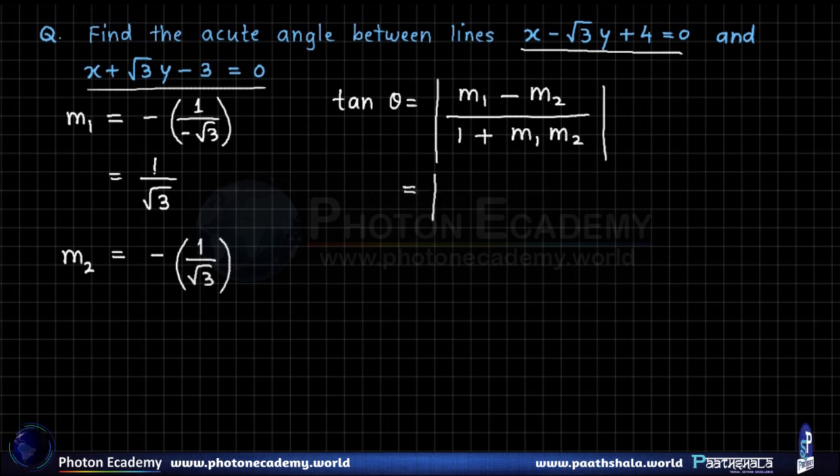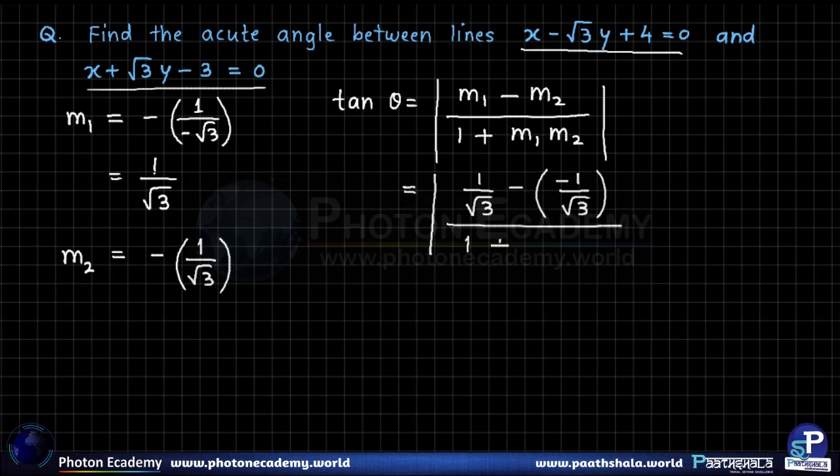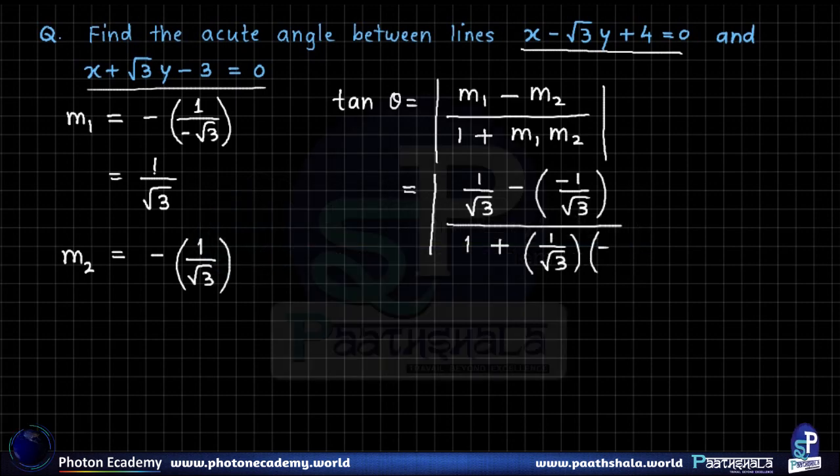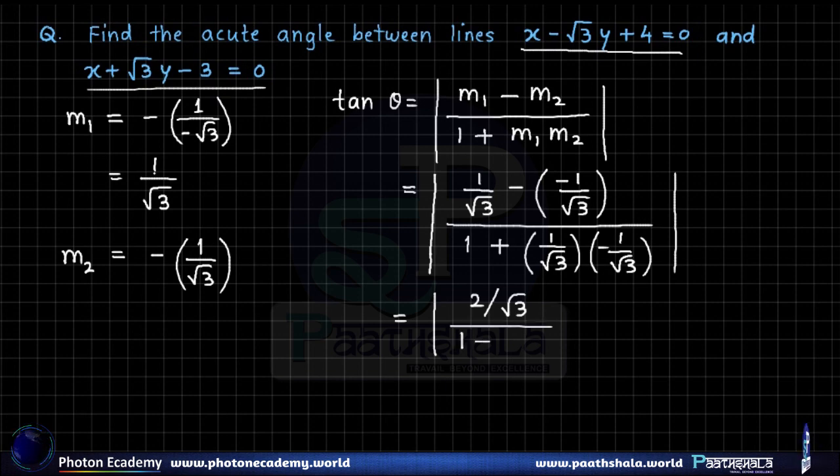Putting the values, we have m1 equal to 1 upon root 3 minus m2, which is minus 1 upon root 3, divided by 1 plus m1, which is 1 by root 3, and m2, which is minus 1 upon root 3. In the numerator we get the addition, that is 2 upon root 3, and in the denominator we get 1 minus 1 upon 3, right?